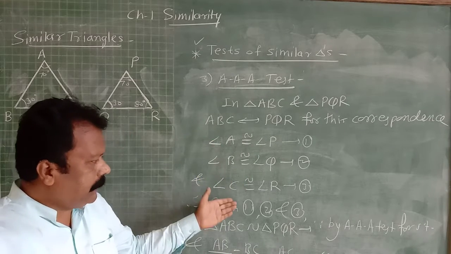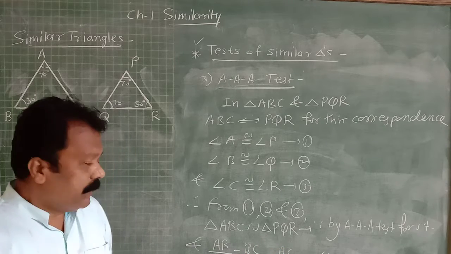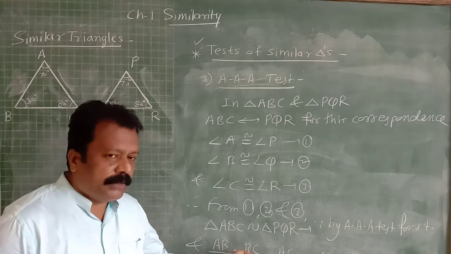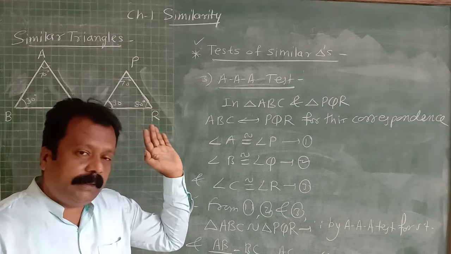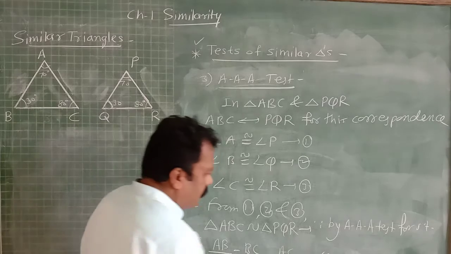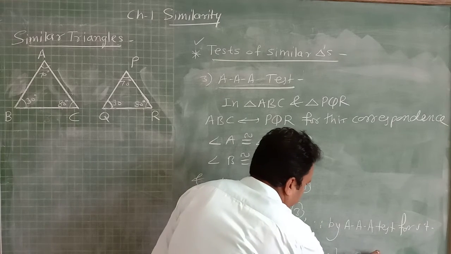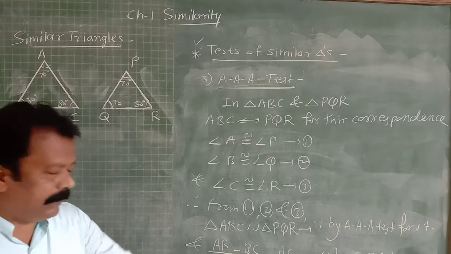If three angles are congruent, then we have shown by the AA test that these two triangles are similar. So the remaining parts are sides. So pairs of corresponding sides are also in the same proportion. Even if measures are not given, we can automatically show this. This is the reason for this statement.